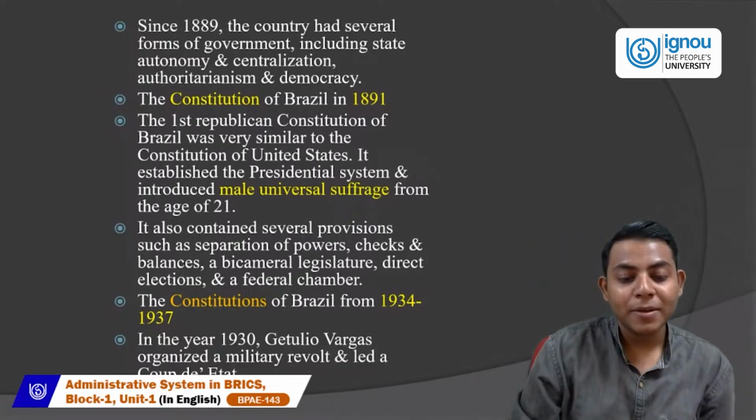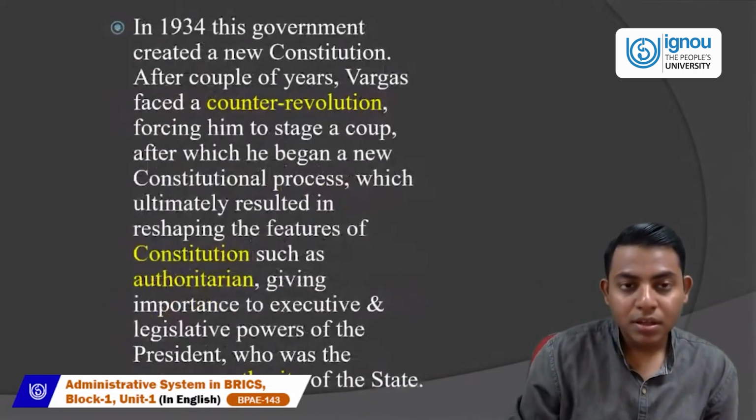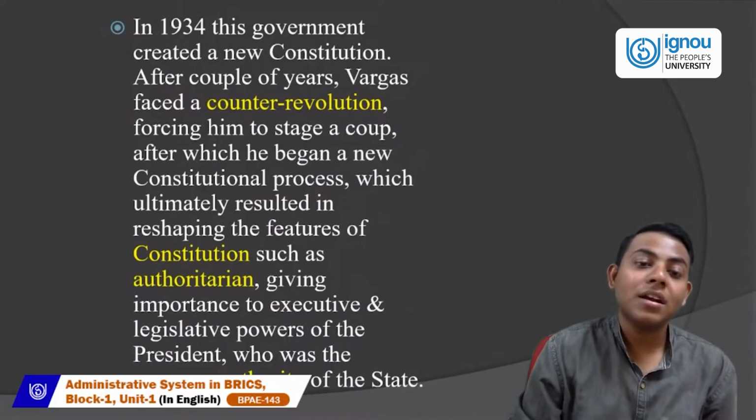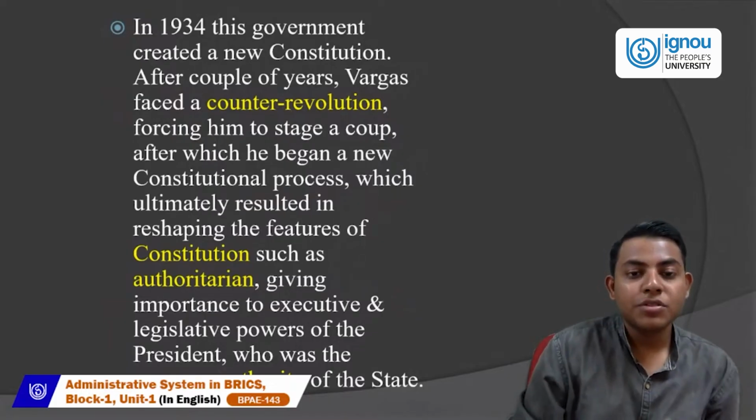It was led by the military general Getulio Vargas. So in 1934, this military government created a new constitution, and after a couple of years, Vargas faced a counter revolution, which forced him to stage a coup, after which he began a new constitutional process.